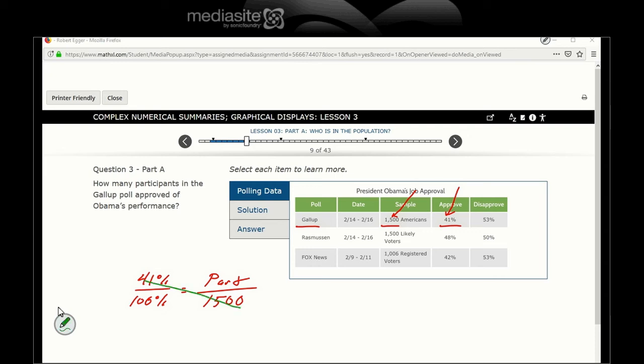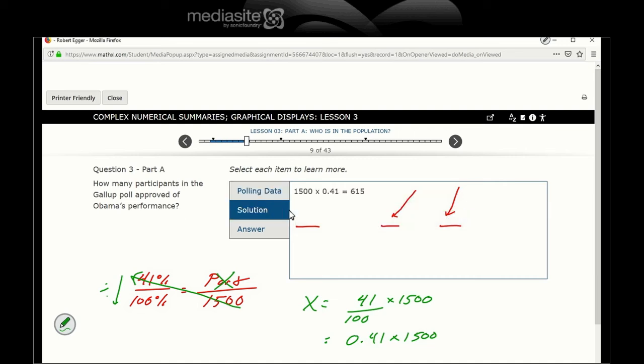So let's see, again, cross multiply, divide. So our X appears to be 41 times 1,500 over 100, or 0.41 times 1,500, which is 615.